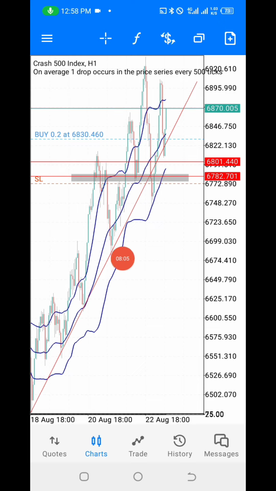Now, it came once to touch it here, right? This is where it came to touch it. And then it went up, and then came down, and I discovered that it's messing and playing around the middle line. So I decided to enter the trade looking at H1 and M30.